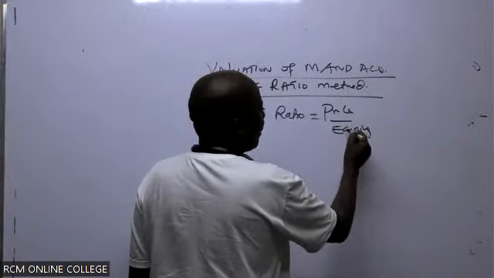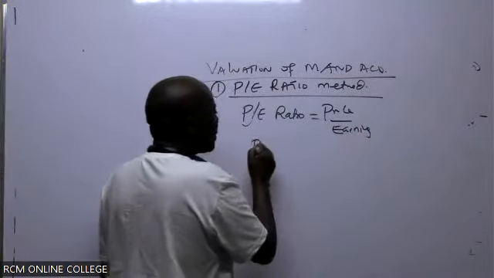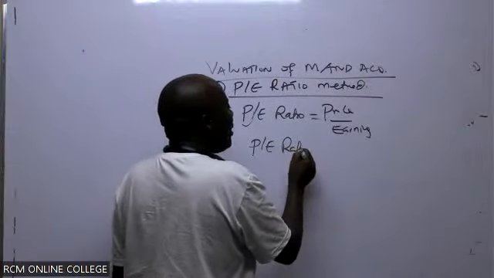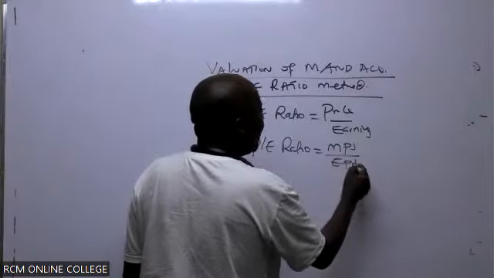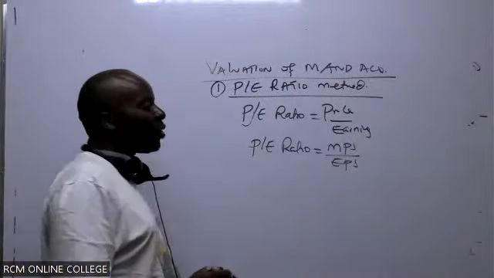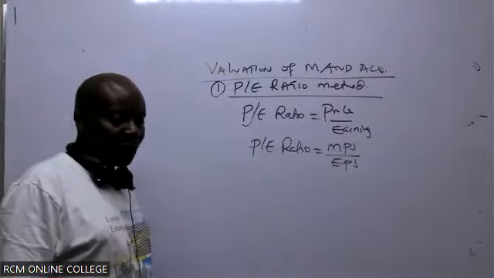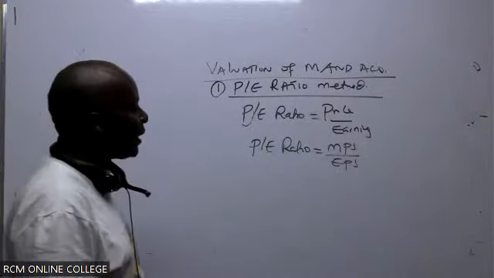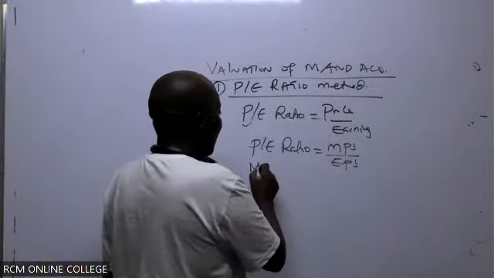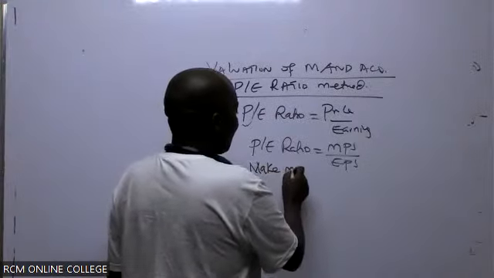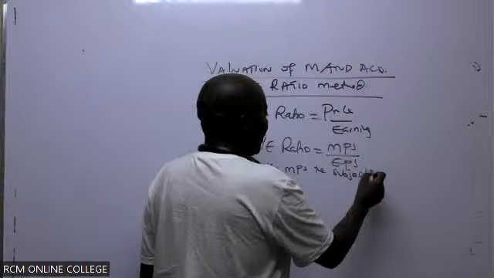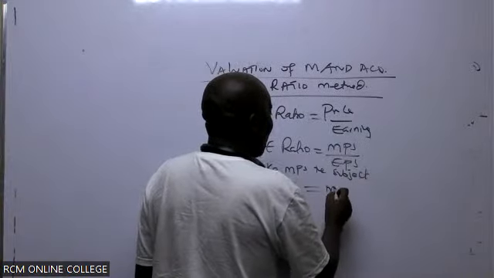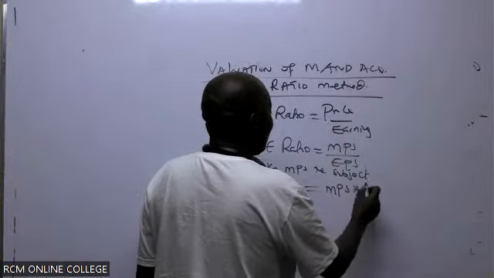Specifically, ladies and gentlemen, what you're supposed to remember is that PE ratio equals MPS over EPS. Please make MPS the subject of the formula.